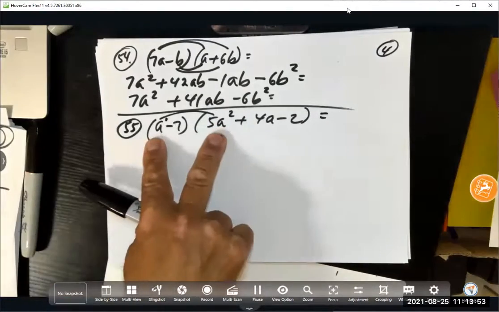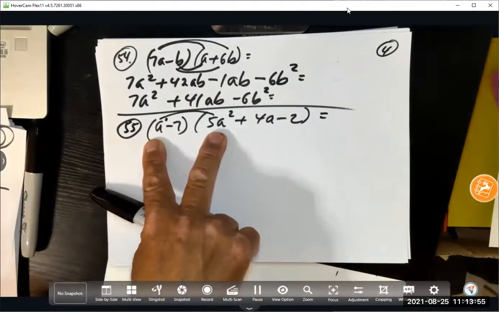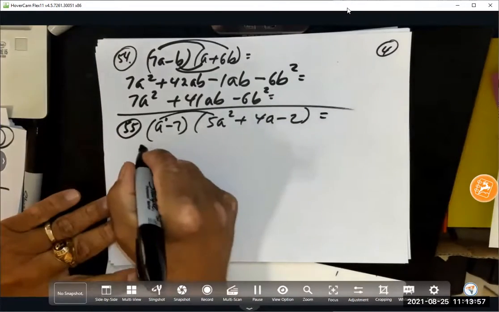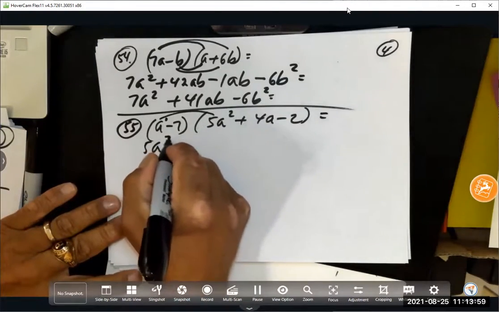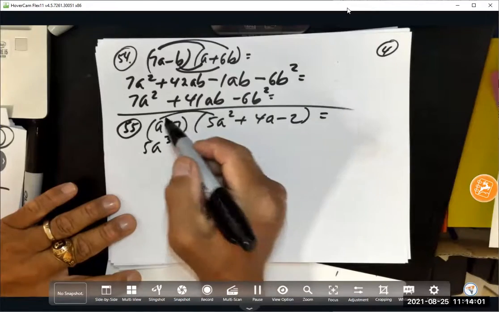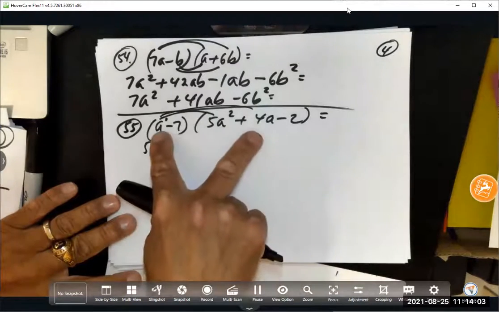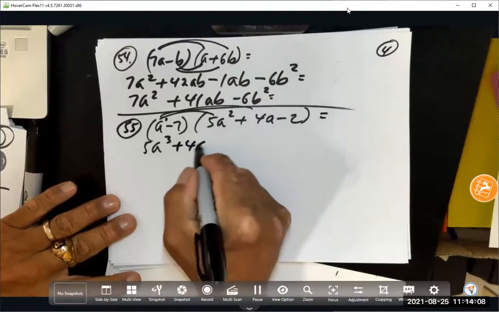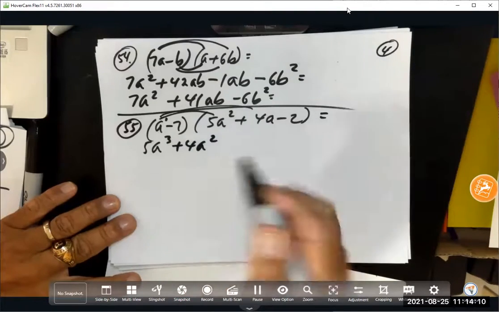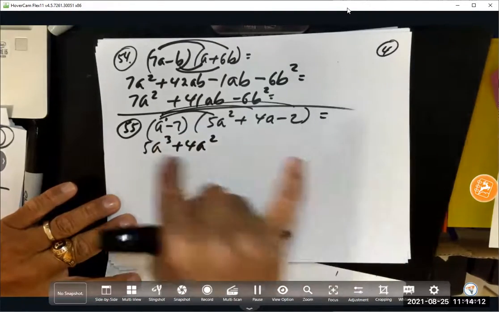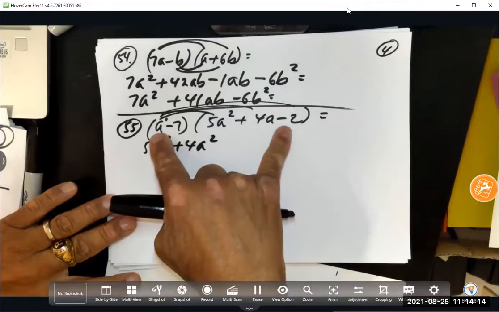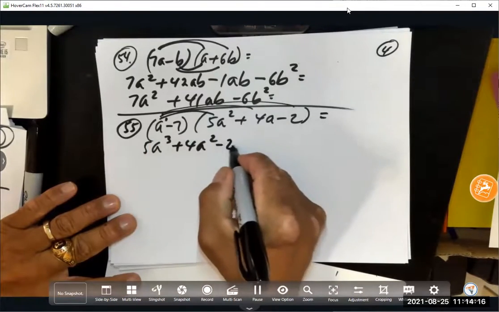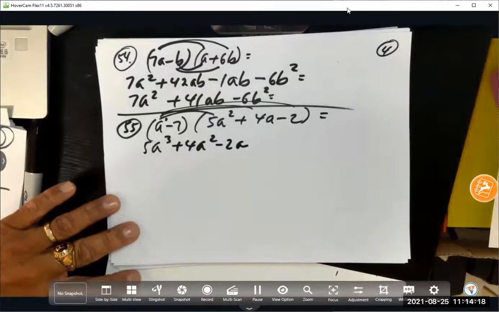Give me a number: 5a to the third power. And a times 4a is 4a squared. A times negative 2 is negative 2a. Is that okay like that for those right there, right?